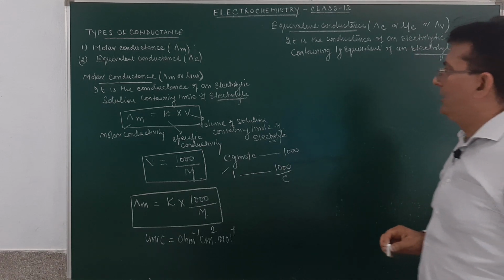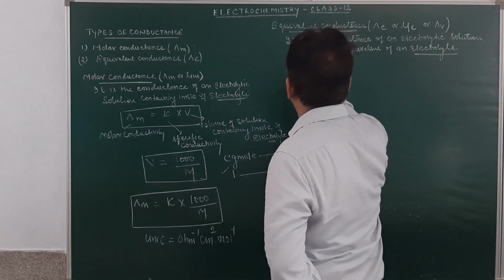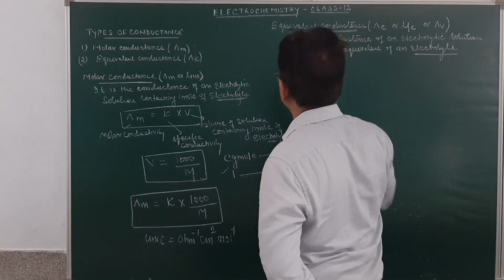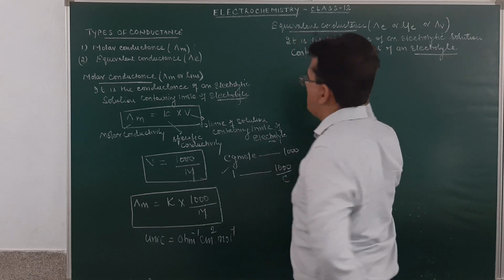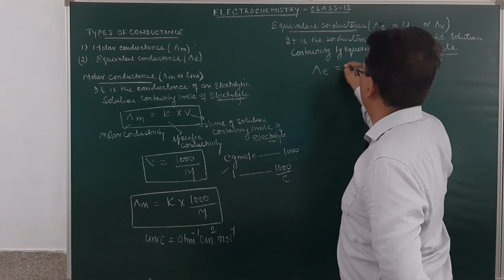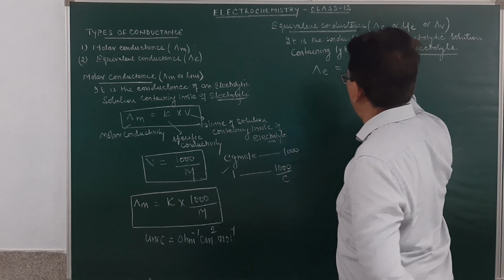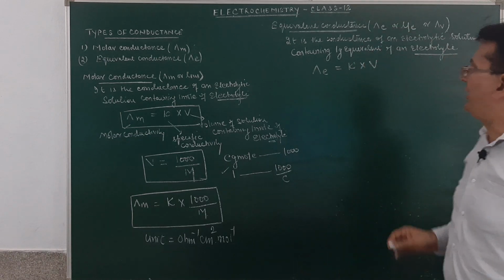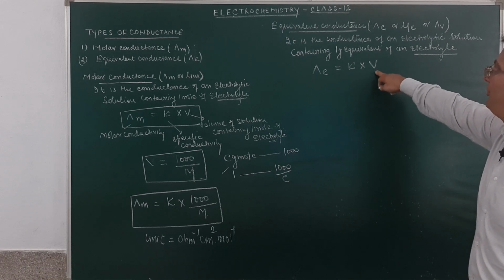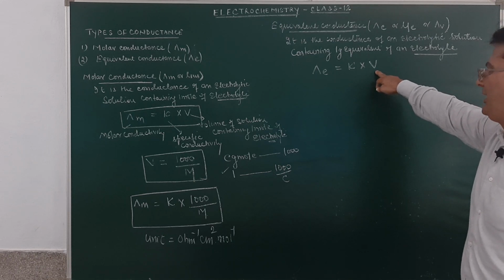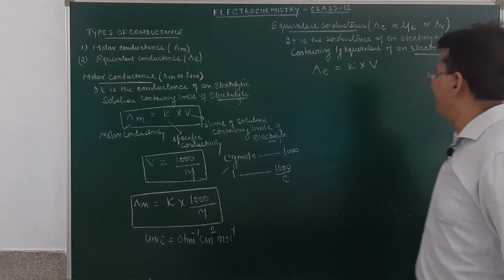Equivalent conductivity, Λ_E or μ_E, will be equal to specific conductance into dilution. Now this dilution will be the volume of the solution containing 1 gram equivalent of the electrolyte. How will we do this?